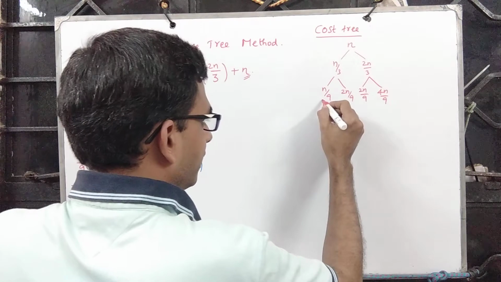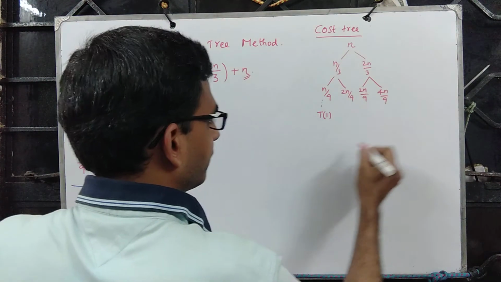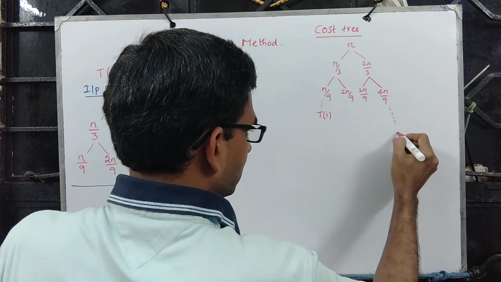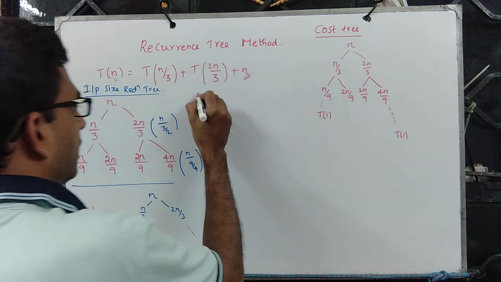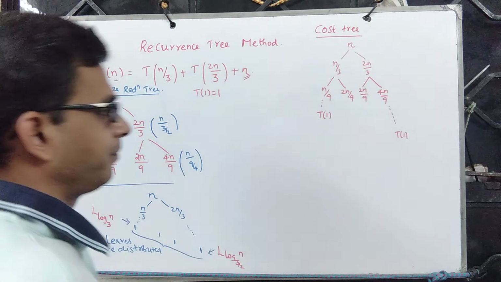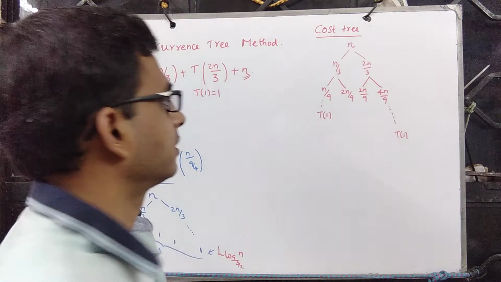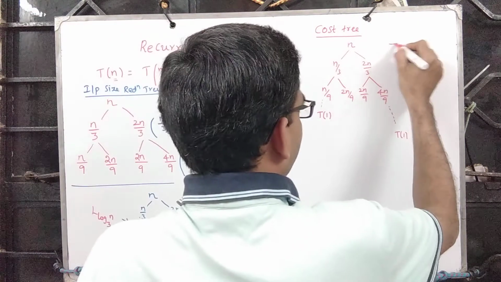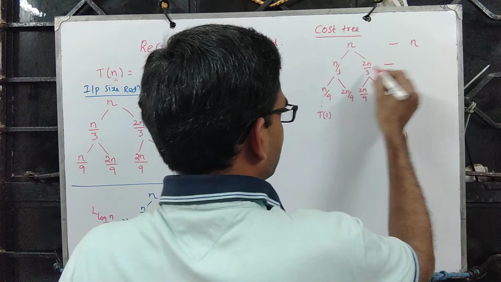So after a while, you see that this reaches T of 1. After some more iterations, this reaches T of 1. Let's assume T of 1 is 1. Correct? So like this it happens. Now the cost from this level is n. Cost from this level is n by 3 plus 2n by 3.